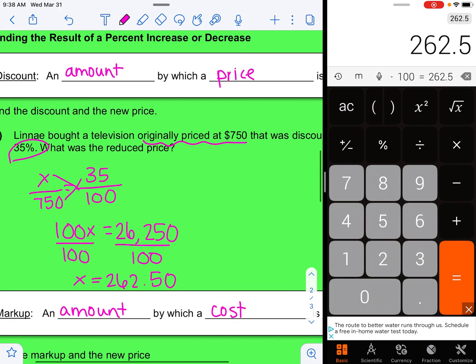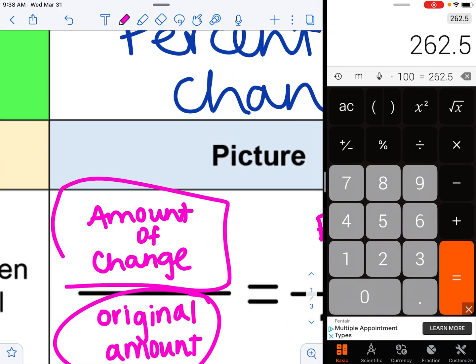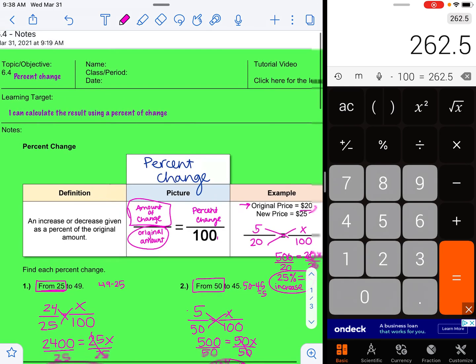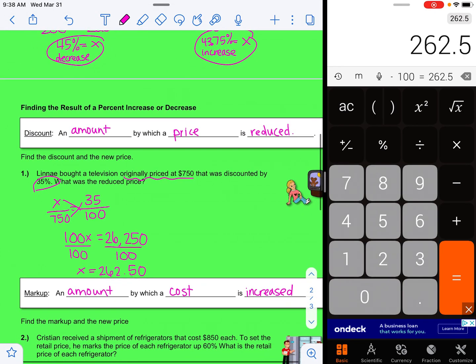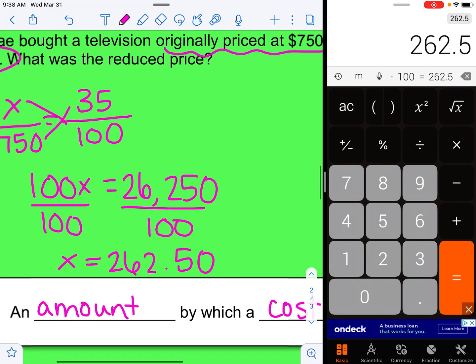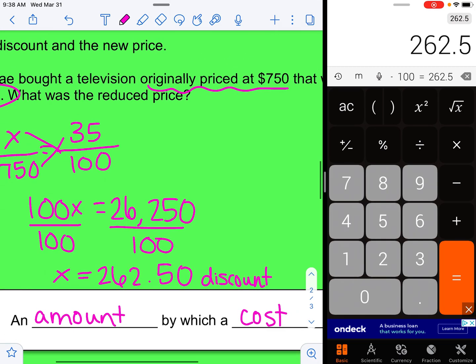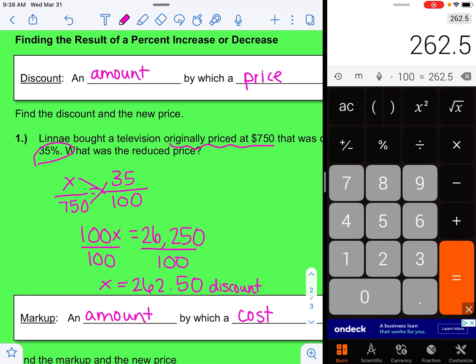What we just calculated is the amount of change. In other words, we just calculated our discount. This is not how much the TV is actually going to cost Lene. This is just how much she's getting off of the TV. If it helps to write discount at the end, I would definitely do that.